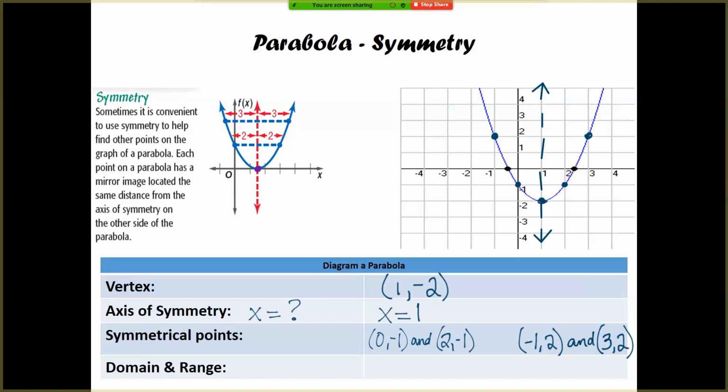So hopefully you listed (-1, 2) and (3, 2). Those are the 2 ordered pairs that I plotted that are symmetrical to each other in your graph.